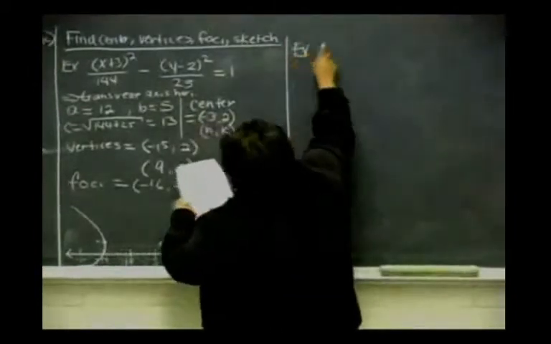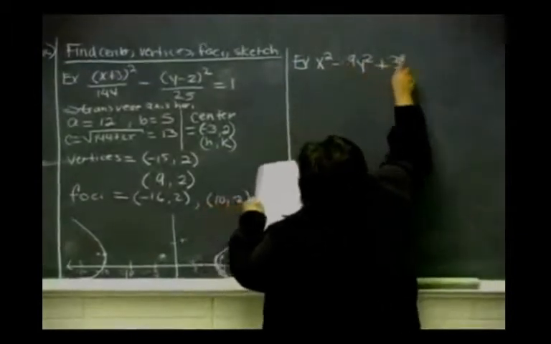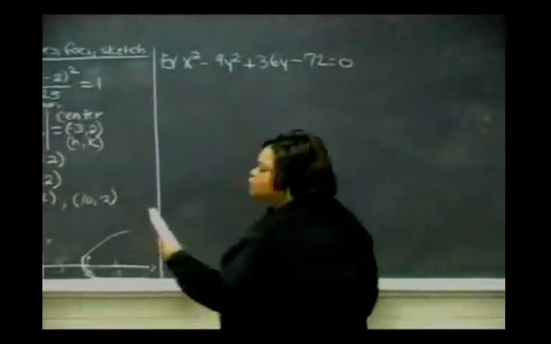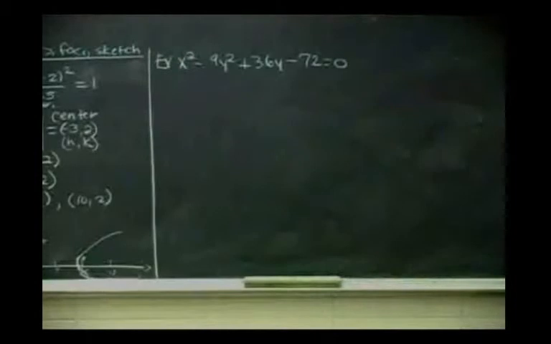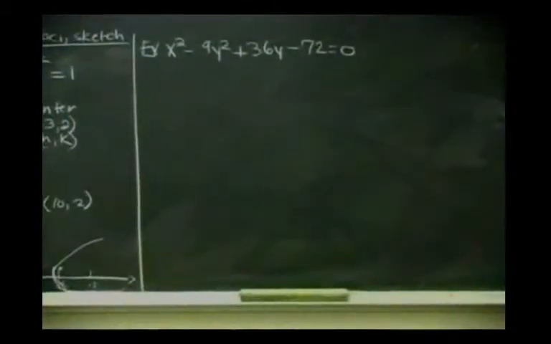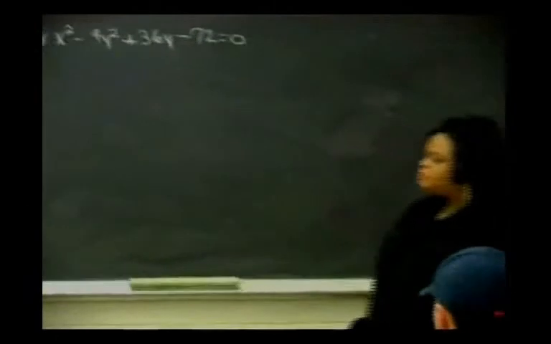Another example. X squared minus 9y squared plus 36y minus 72 equals 0. And I need to do some completing of squares to make that look like the standard form. Okay? Now, how do I know which one to make it look like?